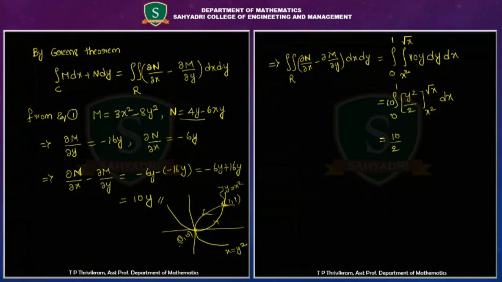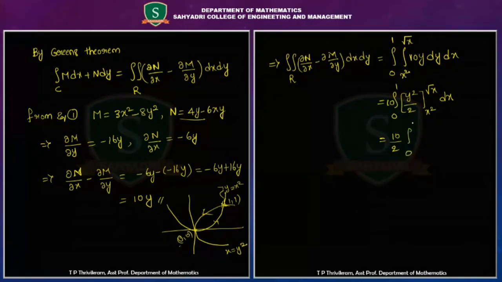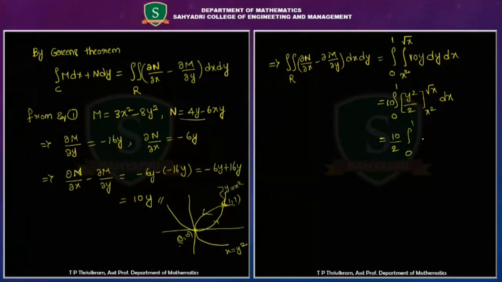Apply the limits first. So root x whole square is x, minus x square whole square, you'll get x power 4. Okay. So dx. So this one is equal to 5 into how much you got?